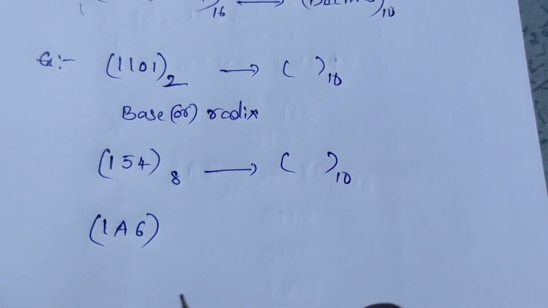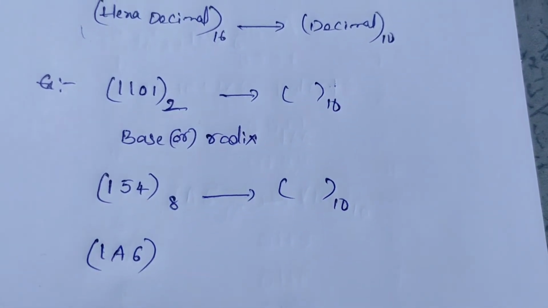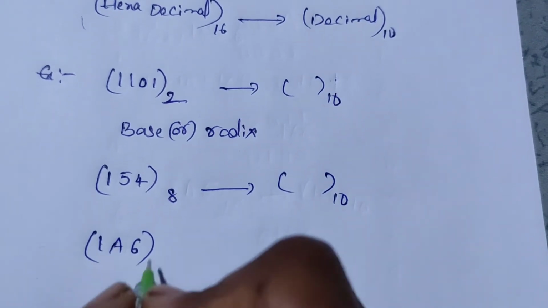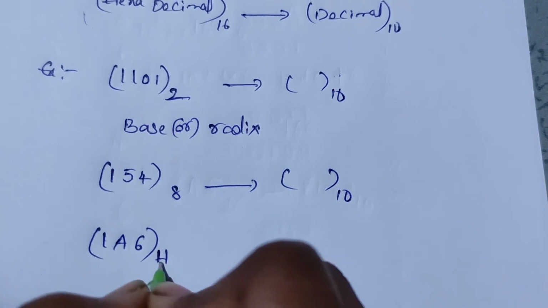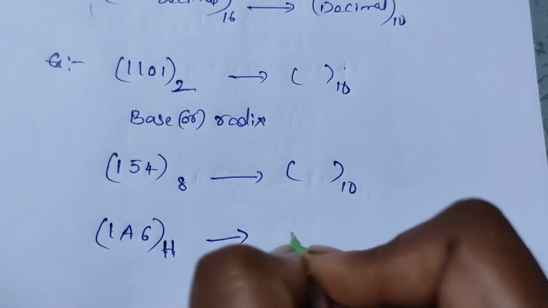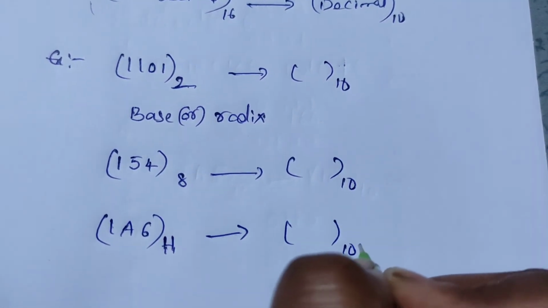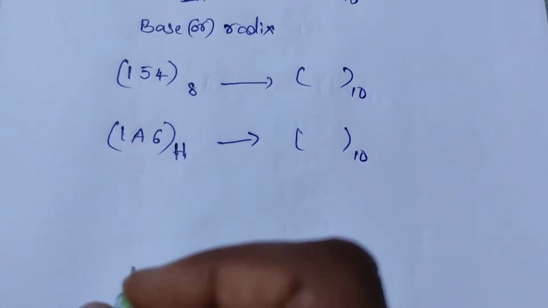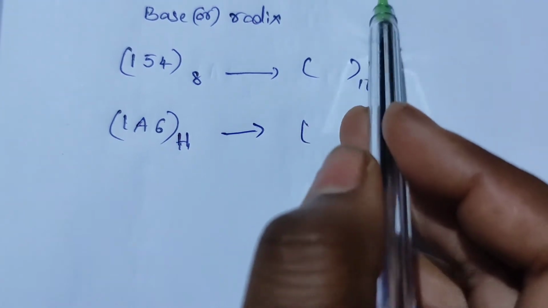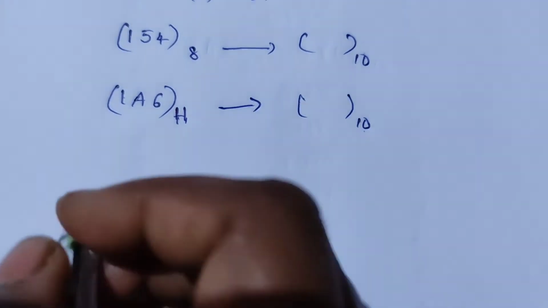Its base is 16. It will be represented with the letter H. It should be converted to decimal. How these different radix values are converted to decimal we will see now. For that we are having a formula. In all cases the outcome is decimal.